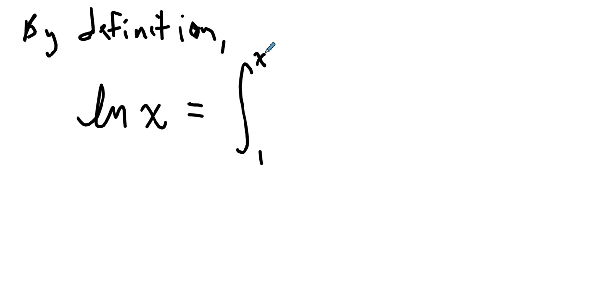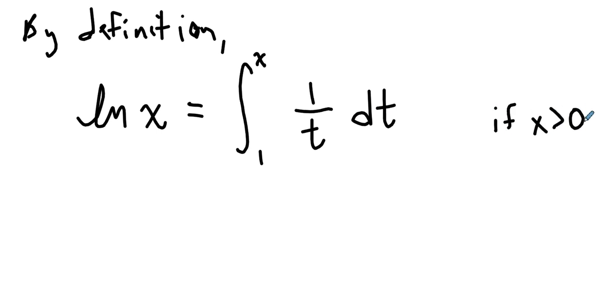It is the integral from 1 to x of 1 over t dt, if x is greater than 0. There is no way your Algebra 2 teacher gave you this definition because you would have cried, period, amen.